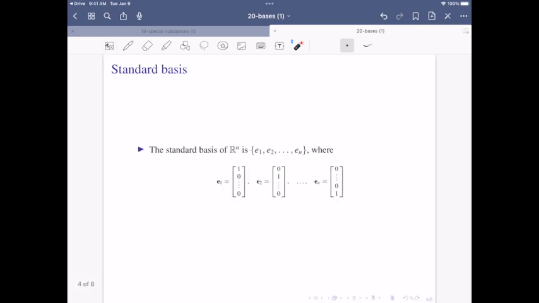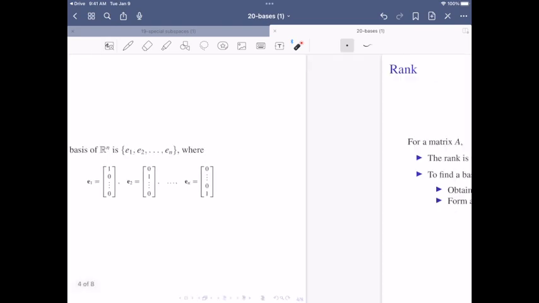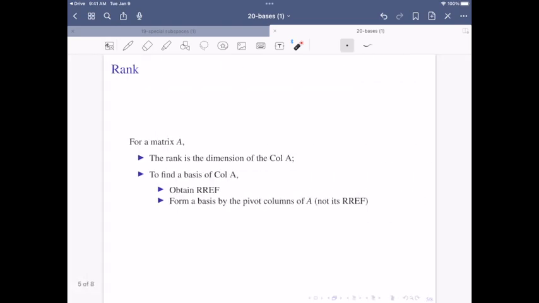So for example, in Rn, we can find the standard basis like this: 1, 0, 0, all the way to 0, 0, 0, 1. Rank. Rank is a concept for a matrix. So suppose we have matrix A. What is the rank?